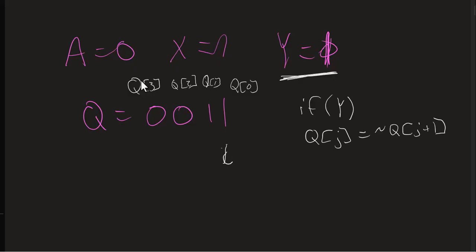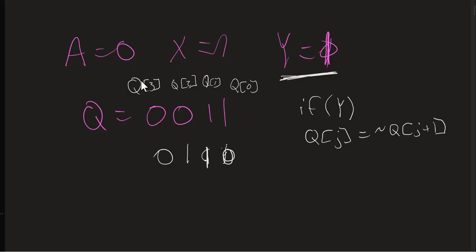Or the not of the one before it, so it becomes 0. Q1 becomes the not of Q2, so it becomes 1. Q2 becomes the not of Q3, and so it becomes 1. Q3 was always made equal to A, and since A is 0, it'll be 0.